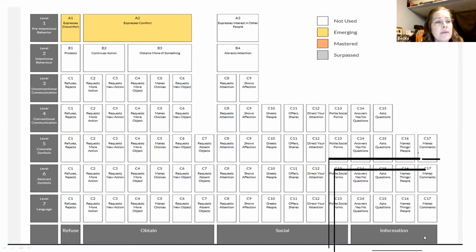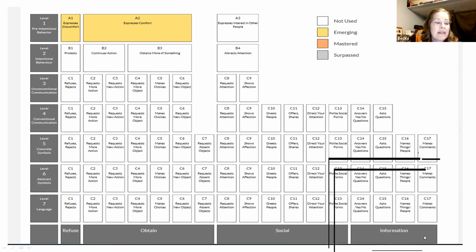In level 3, we're thinking about unconventional communication, and that's pre-symbolic behaviors, and they're used intentionally to communicate. And we think about them being pre-symbolic because they do not have any type or sort of symbol that they're using to represent that. They're unconventional because they're not socially acceptable as this child gets older.